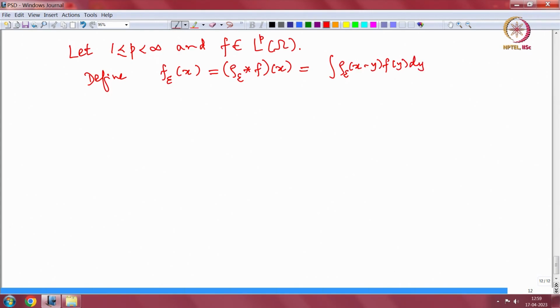Rho epsilon being a C infinity function of compact support is in every LP, so we can easily check that f epsilon is in LP. Sometimes these f epsilons are also called modifiers of the function f.